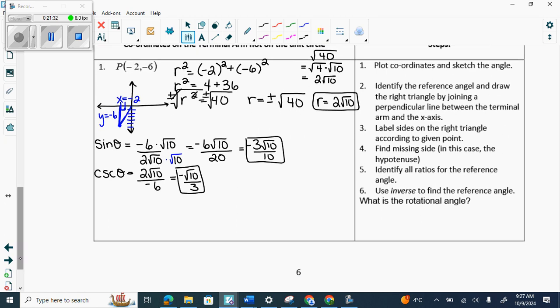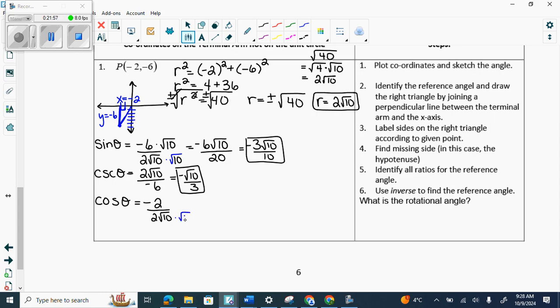Okay, our next one is cos theta. Cos is cook, what? Extra rice. So x is negative 2, r is 2 root 10. Am I done? No, I need to rationalize.